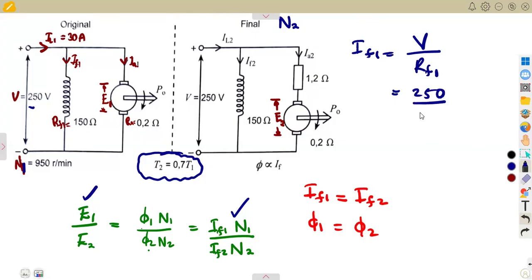In the field, there is a 150 ohm resistance. So this is going to give us the current of the field, which is 1.667 amps. This is the field current from the original circuit.